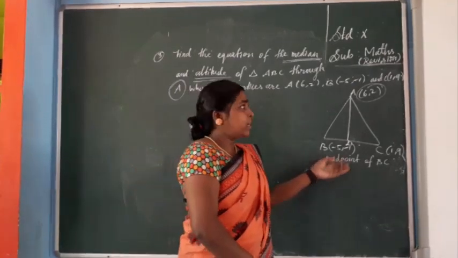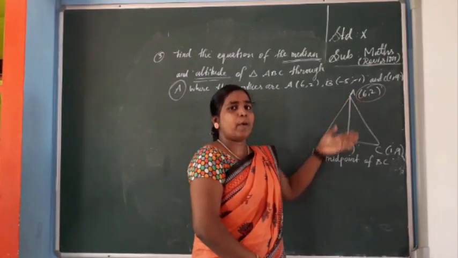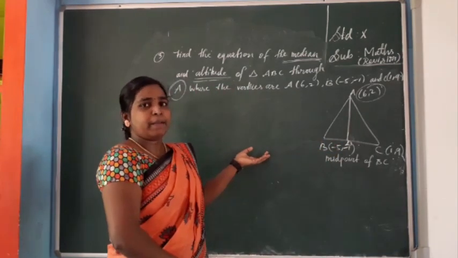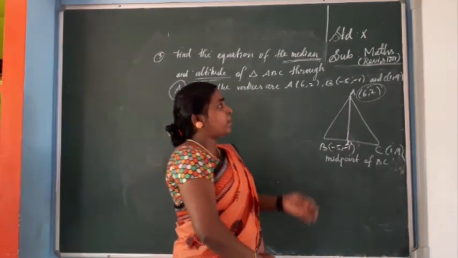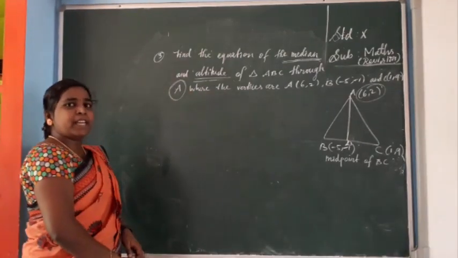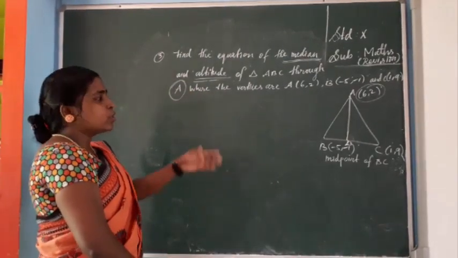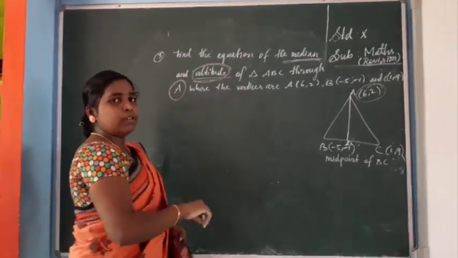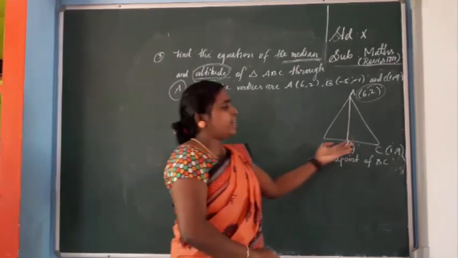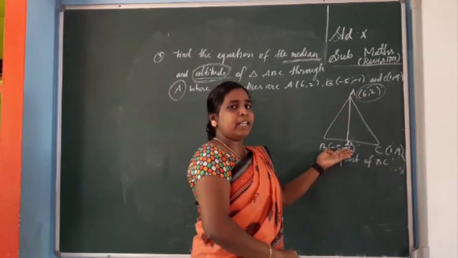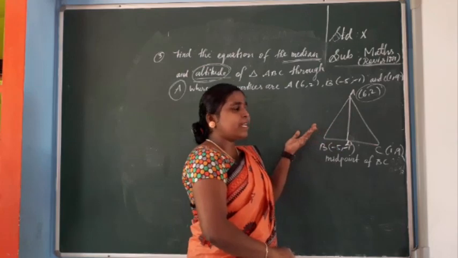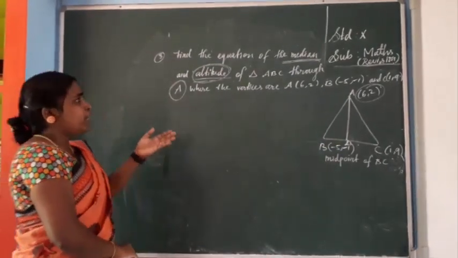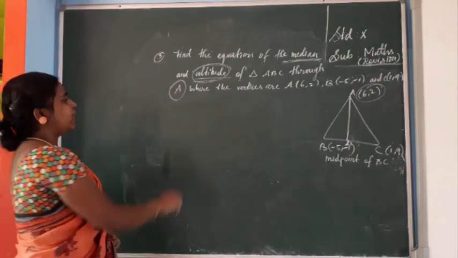If you know 2 points, the equation formula is y minus y1 by y2 minus y1 equal to x minus x1 by x2 minus x1, isn't it? So you can do it this way. For the altitude, the steps are: first slope of BC, next slope of AD, next the equation. That formula is y minus y1 equal to m into x minus x1. Now we can do the equation of the median.